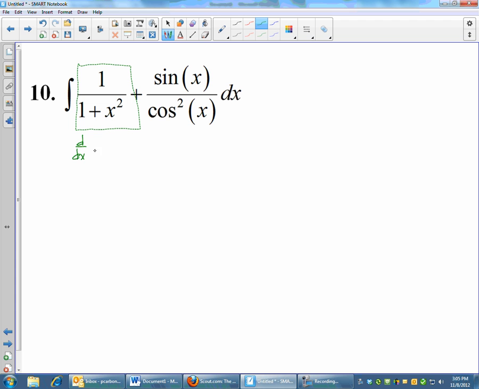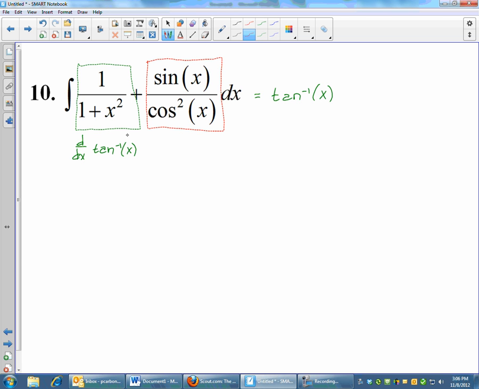Because I actually studied and I learned all my derivatives, I know that that is the derivative of inverse tan x. So when I do this antiderivative, my first piece, 1 over 1 plus x squared, that's the derivative of inverse tangent. Now the tricky part is going to be the antiderivative of sine over cosine squared.